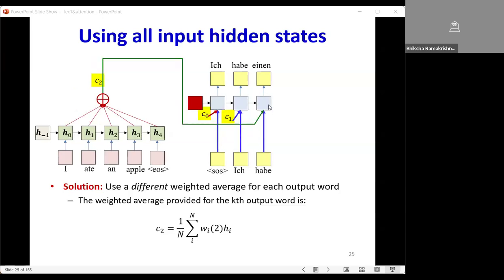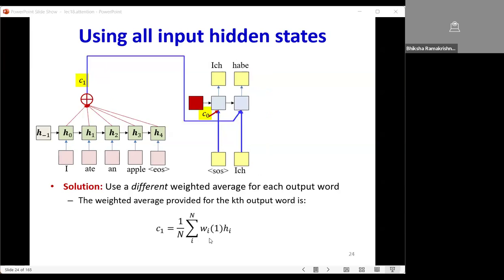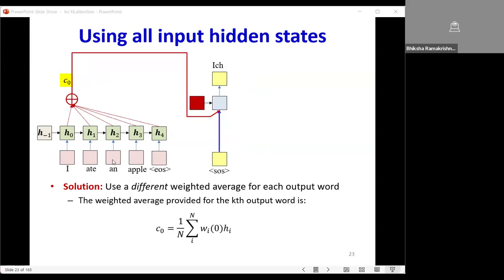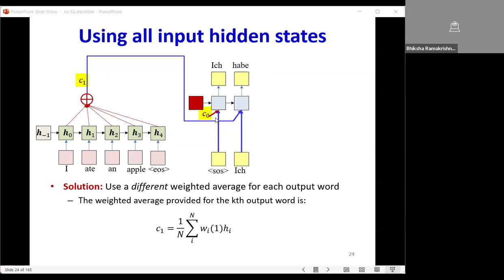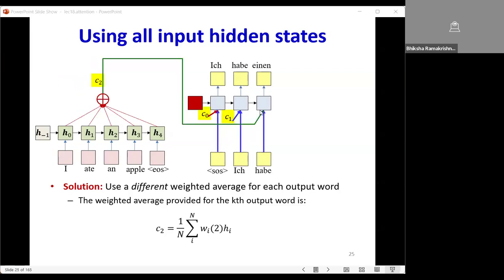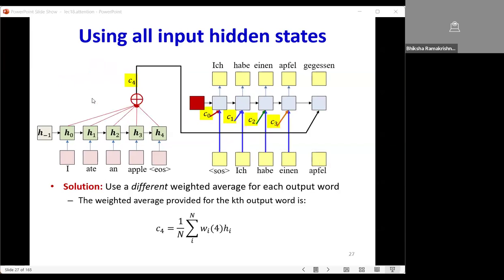And now at the next output instant, the difference is that these weights are different in each case. I'm averaging these I's, but the specific values are different for each column, right? And so, yeah, we'll get to that. And so this is basically what we're going to do.